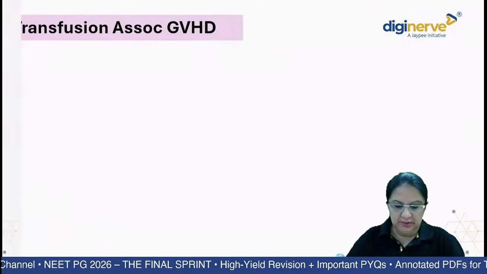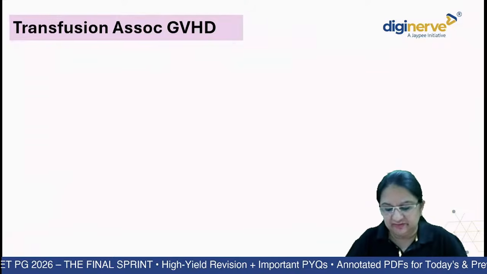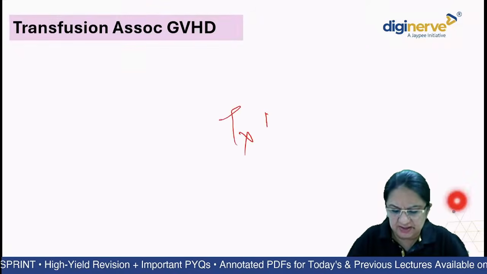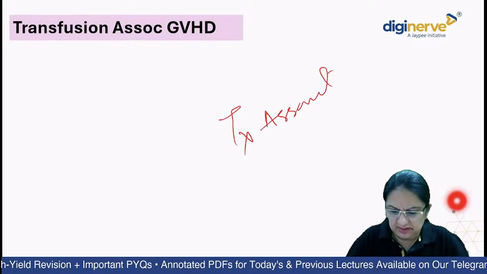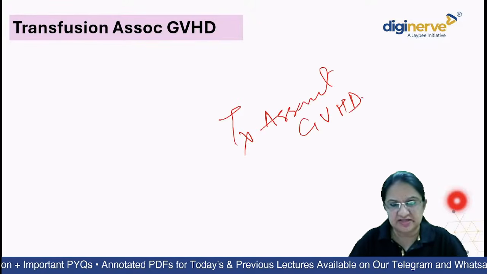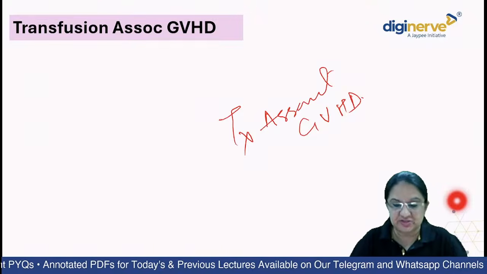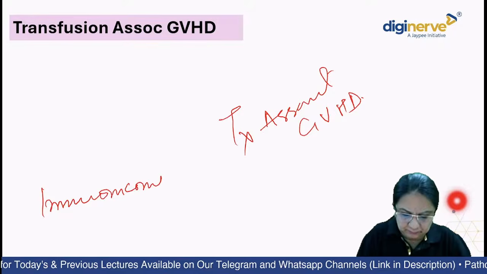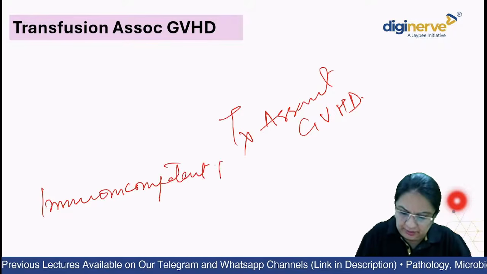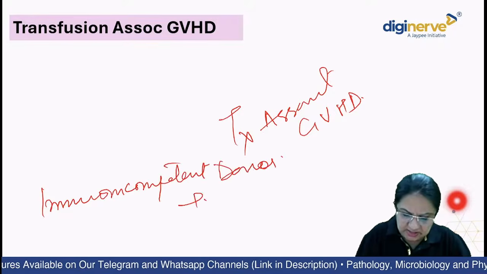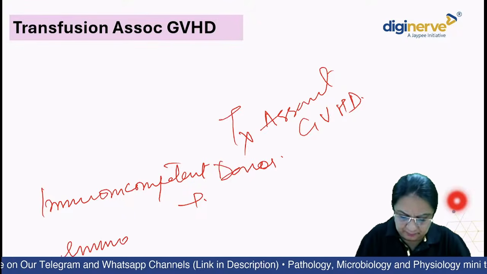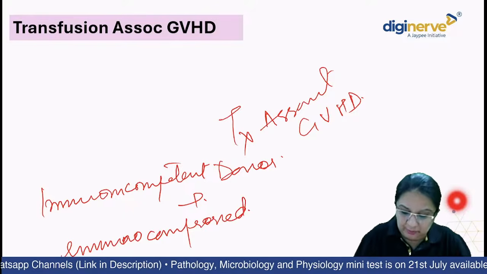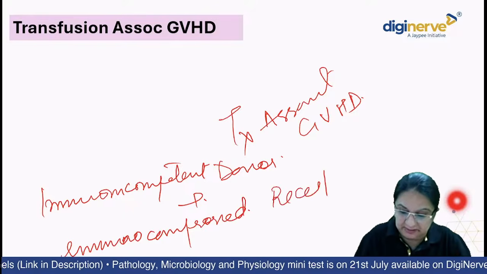Right? Now, transfusion-associated graft versus host disease is the same as what you have studied in transplant-associated graft versus host disease. Okay, same as transplant-associated. What do you see? You have an immunocompetent donor plus an immunocompromised recipient.